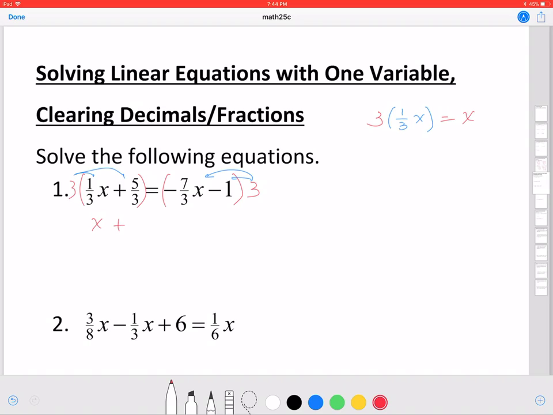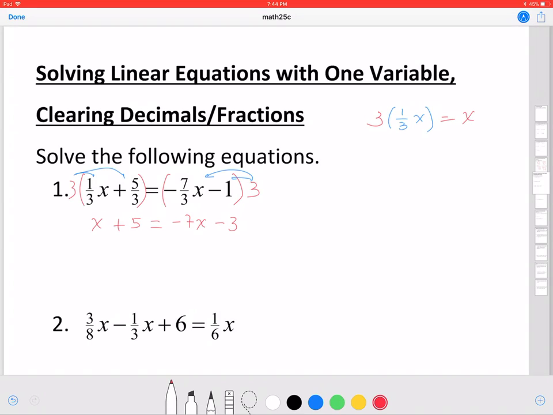And in the second one, you'll just have the numerator 5 remaining, because the 3 in the denominator and the 3 multiplier outside of parentheses will cancel out. That will equal, well, I have negative 7x remaining. Again, the 3's cancel each other out. But be careful: negative 1 obviously is not a fraction, but we still need to multiply that by 3.